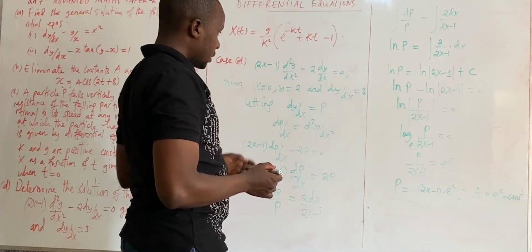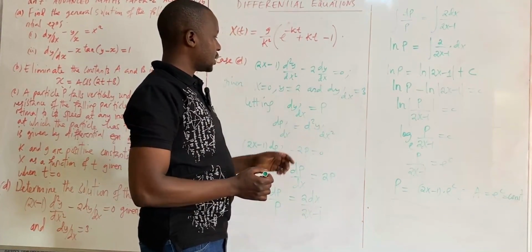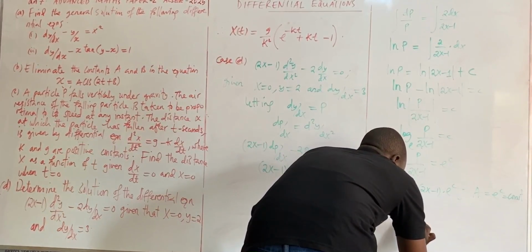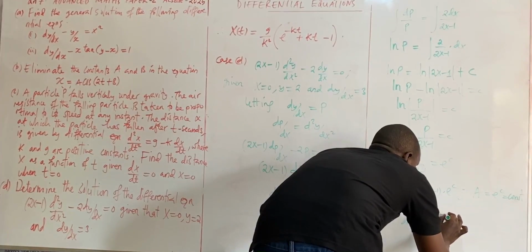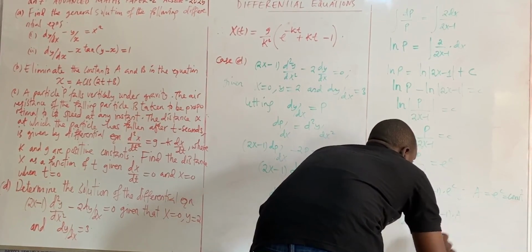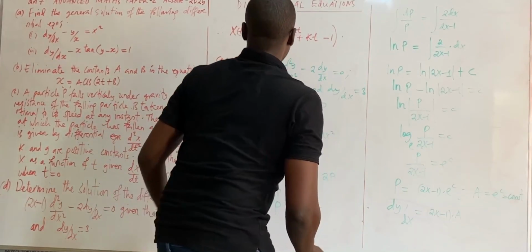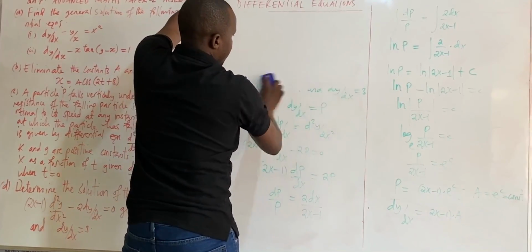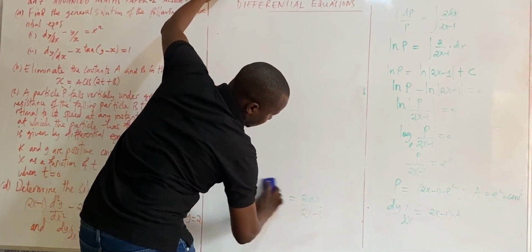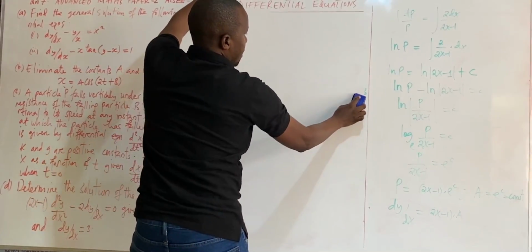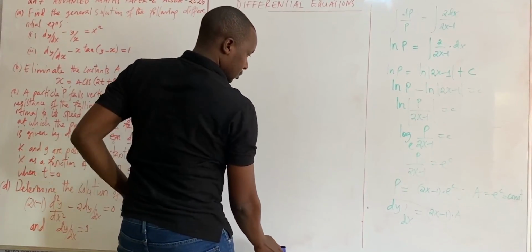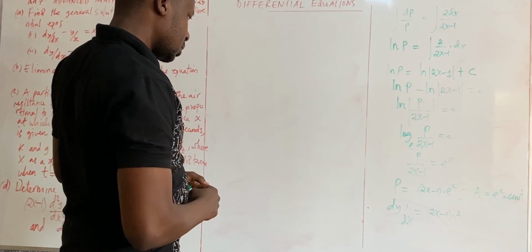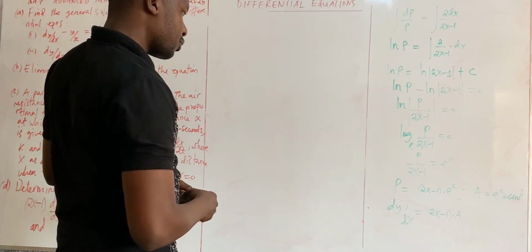So from there, we remember we let p, it is dy/dx. So we can say p, it is dy/dx equals to 2x minus 1 times that a. So from there, we can apply now the initial condition, so is when we can solve for the value of a.